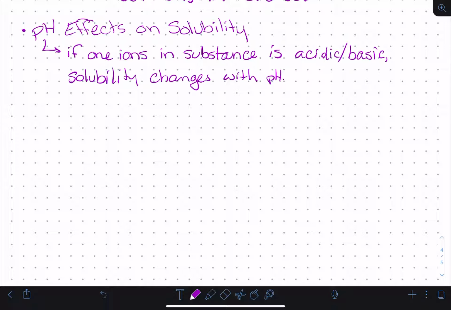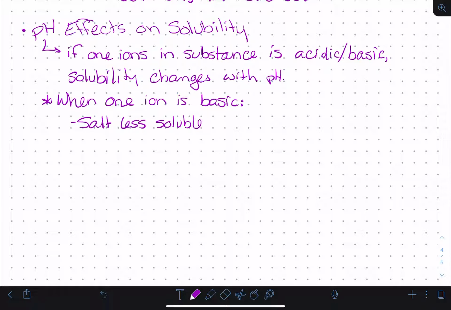So if one ion is basic, which many anions are, that means that your salt is going to be less soluble in basic solution than in water, because of that basic ion.